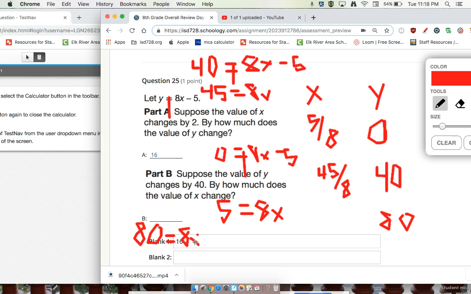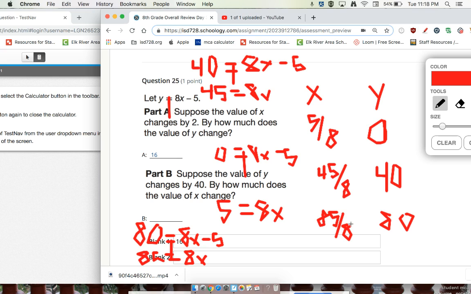And so I'm going to add 5 to both sides, and I'm going to get 85 is equal to 8x. 85 is equal to 8x, and then divide by 8. Oh good gracious, 85.